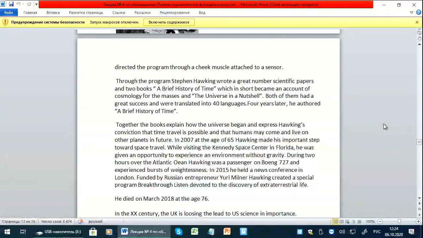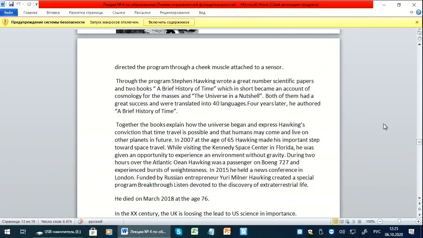He died in March 2018 at the age of 76. You see, he was so much interested in his work that he was able to live longer, being absolutely paralyzed.